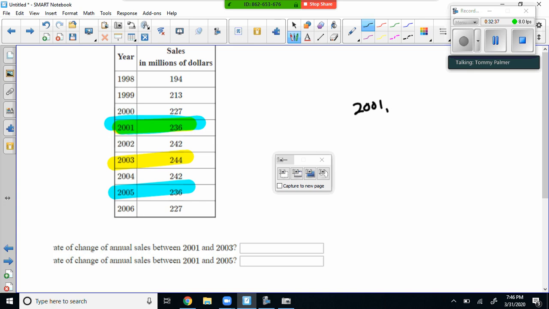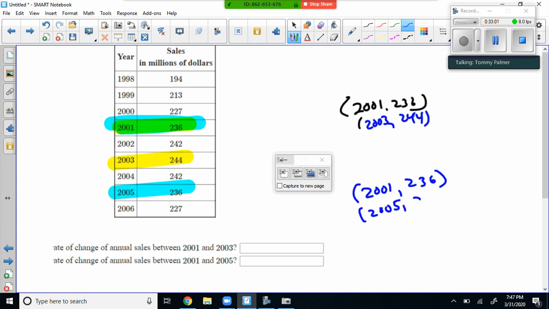2003. Boy, I wrote that wrong there, didn't I? 244. And then this one would be 2001, comma 236, and then 2005, comma 236. So you have a change in y of 0, right?